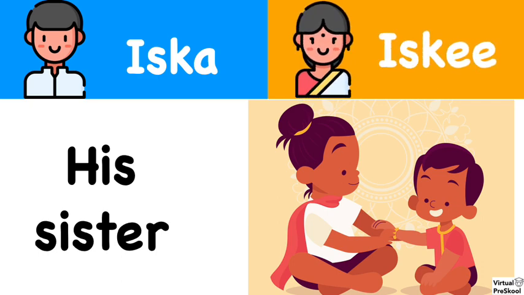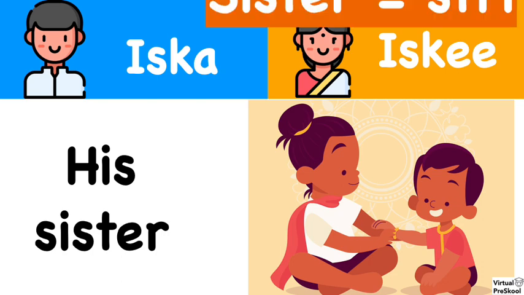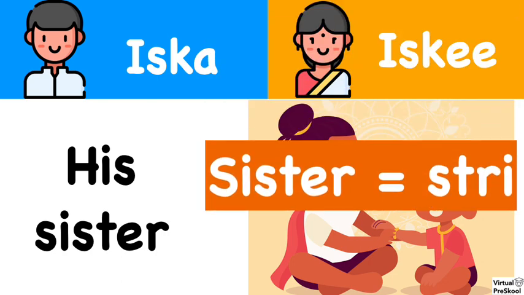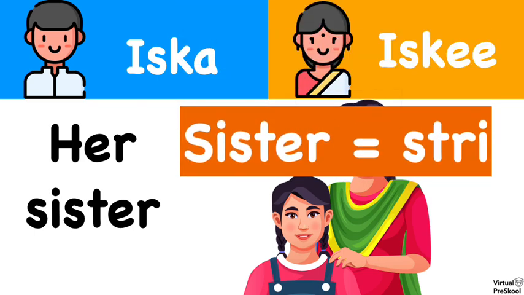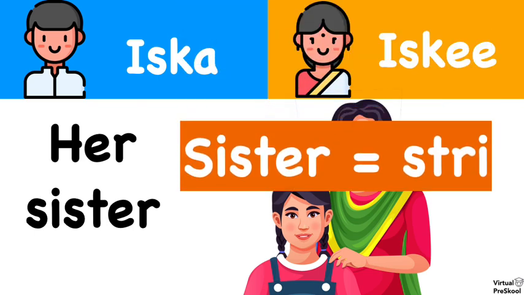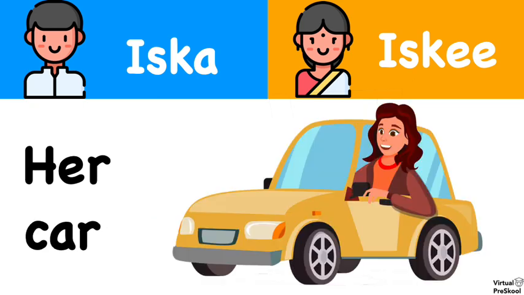Iski bhen. Why? Because sister is a stree word. So it would be Iski bhen. What about her sister? We already did his sister, now we're doing her sister. The rules haven't changed. It's Iski because sister is still a stree word, so we say Iski bhen.